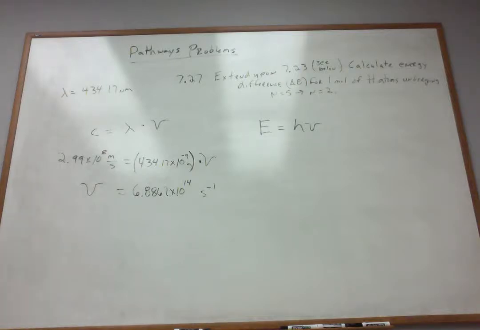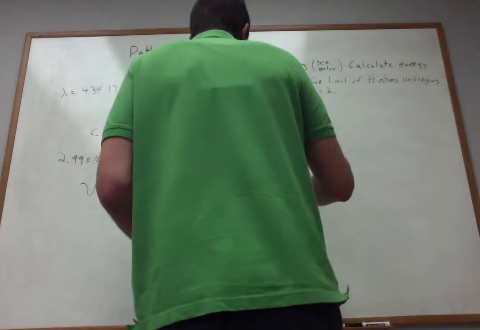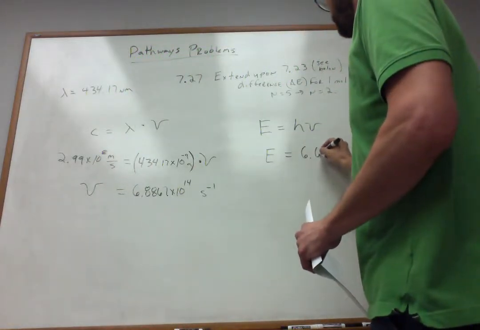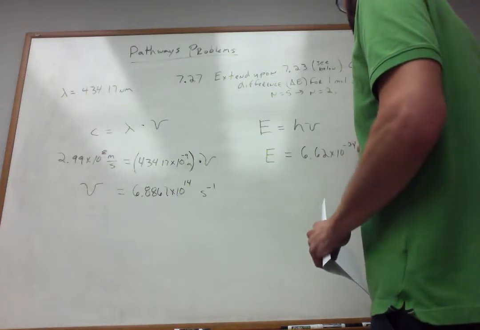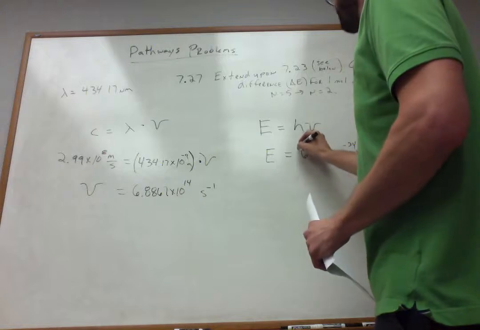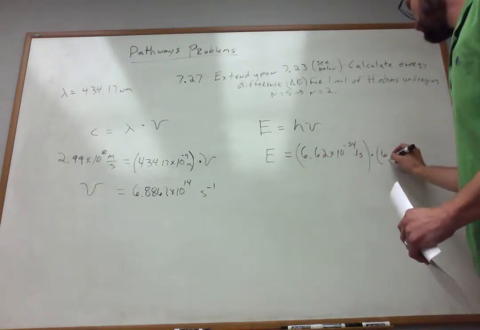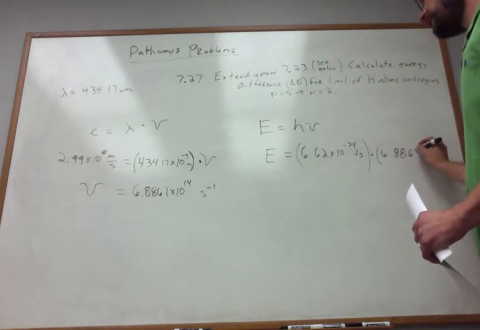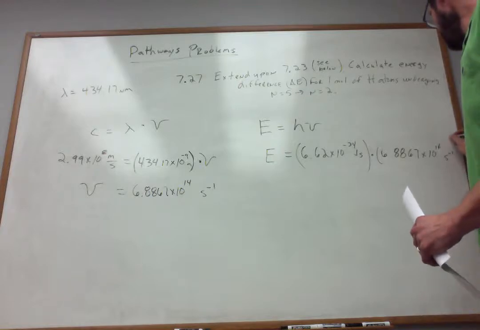Now, of course, the beauty of this is I can plug that number into this equation. h, of course, is my Planck's constant, 6.62 times 10 to the minus 34 joule seconds. And I multiply that by my frequency, 6.8867 times 10 to the 14th per second.